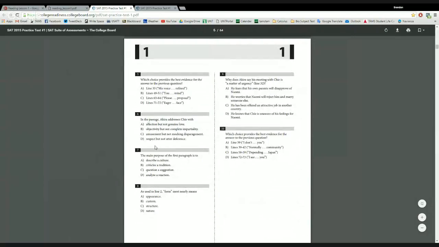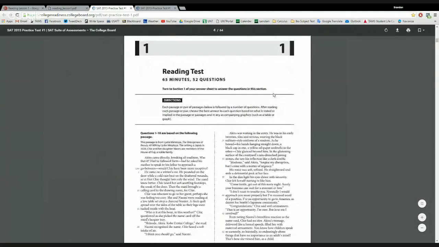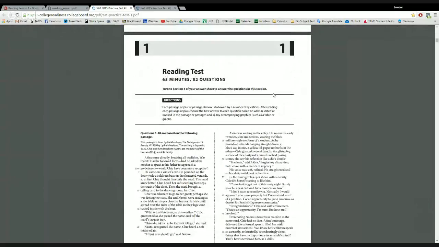So in this case, it would be 7 because that's the first paragraph. Number 8, line 2. Number 9, line 32. And after you've done that, you've plotted the questions so you can look back, so it's easier and it uses less time, so you can spend more time answering the questions.